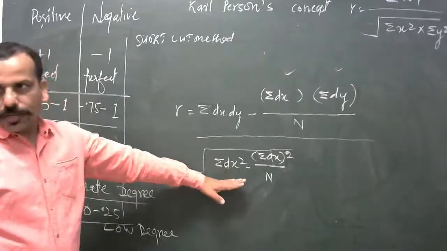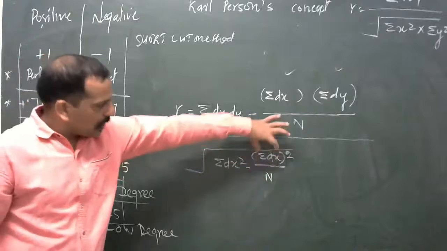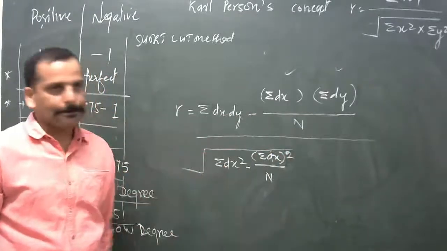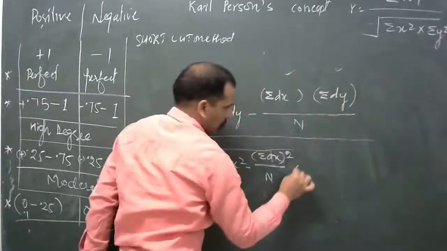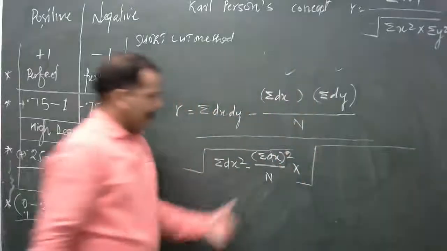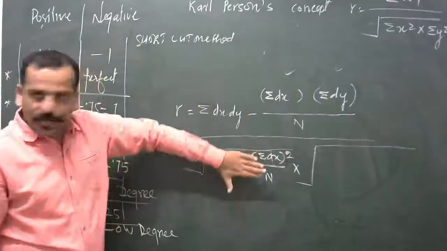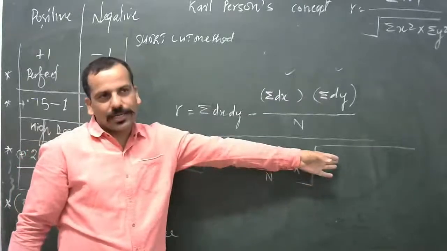Summation dx square minus, bracket open, summation dx, bracket close, whole square upon n. Now here the same formula applies, but here you have to write y only.